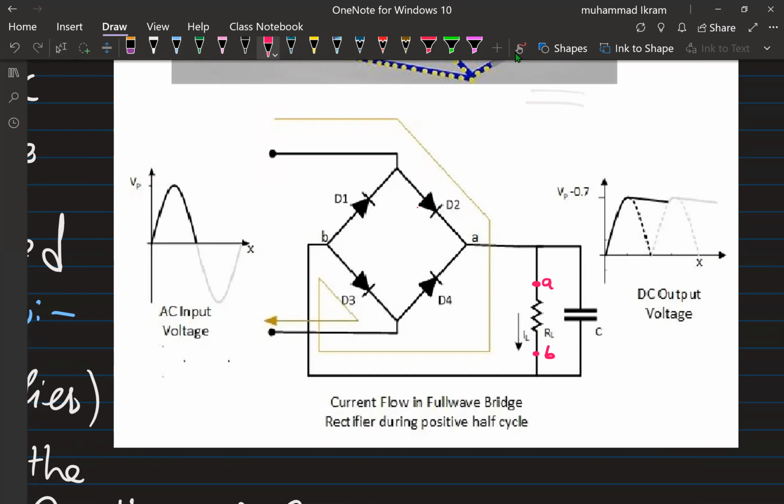Now let me explain it to you. Let us see what happens at this point during the positive half cycle. This is the positive half cycle. This is 0, this is T by 2, this is T. So the positive half cycle is always here from 0 to T by 2.